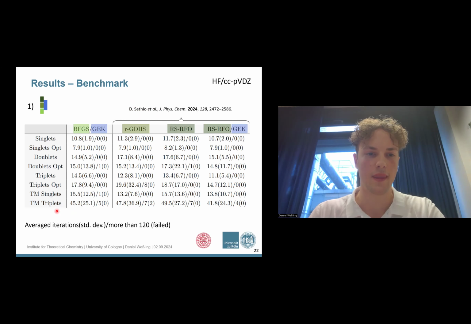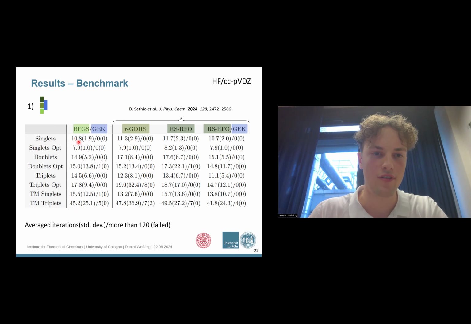And what are we looking at here? We have the averaged number of iterations for this benchmark. So we had 260 molecules, and then we're calculating the average here. Then we have the standard deviation, the number of cases that have more than 120 iterations, and then some failed cases.